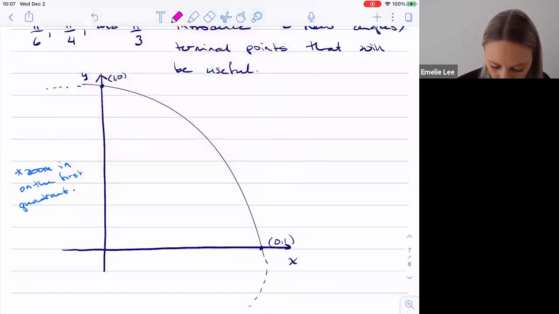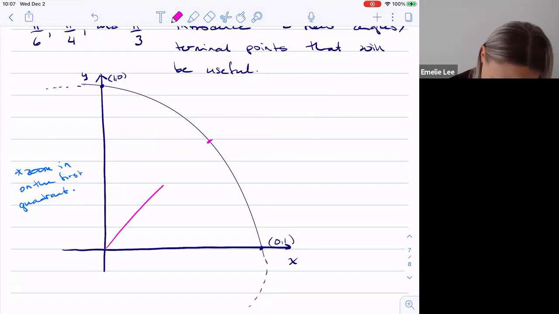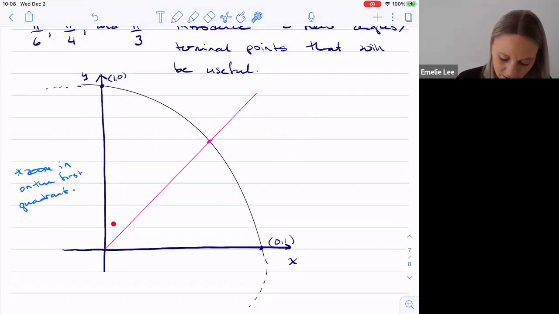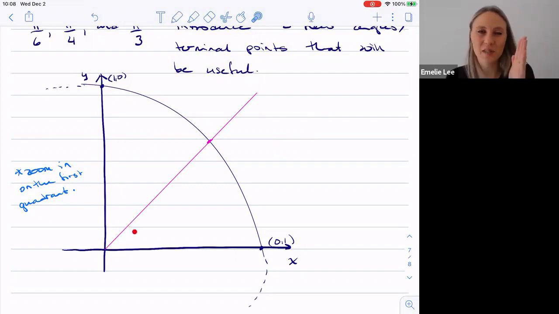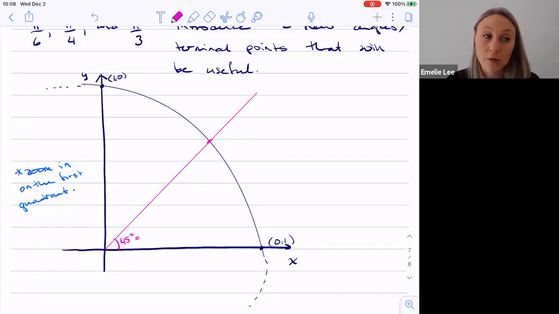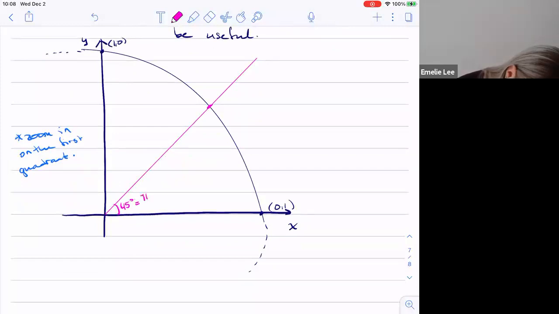So if I go halfway here, and I'm just going to try to do my best at eyeballing it, somewhere like that, if the full distance is 90 degrees, then this distance must be half of that, 45 degrees, which is actually going to be pi over 4. Right?